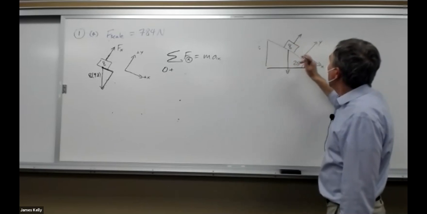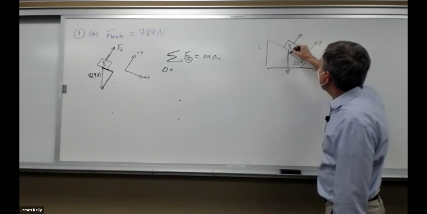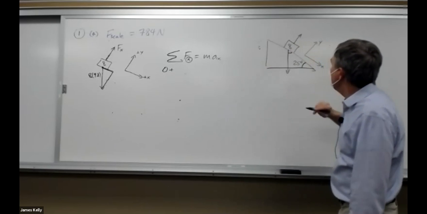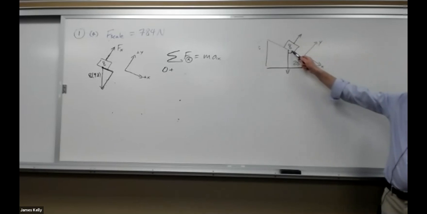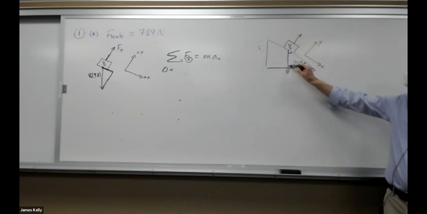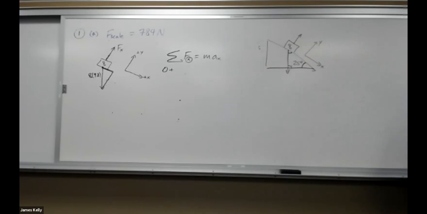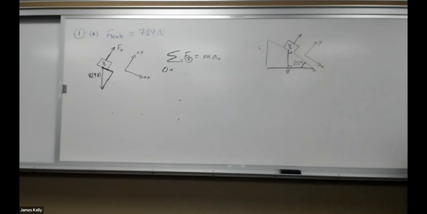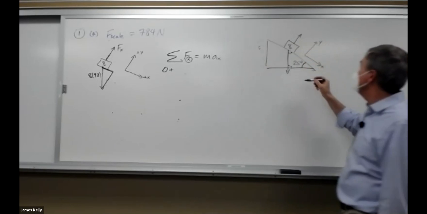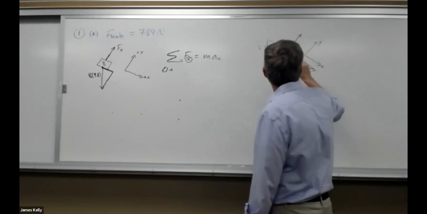Can anybody tell me what this angle is up here if this one's 25 degrees? 65, right? They've got to add to 90 because the three have to add to 180, and this is definitely a 90-degree angle down there. So these two have to add to 90. 65 plus 25 is 90. So this is 65. That's good.